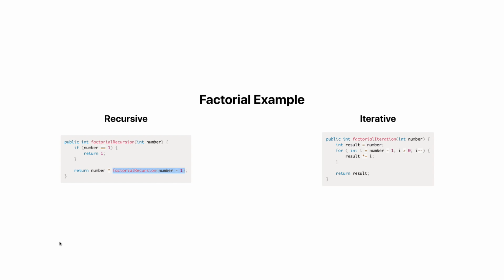Yep. So this is dangerous: if the exit condition never happens, then it's just going to keep going and calling itself. But if you've structured it well and you're making your algorithm correctly, then you'll be okay.